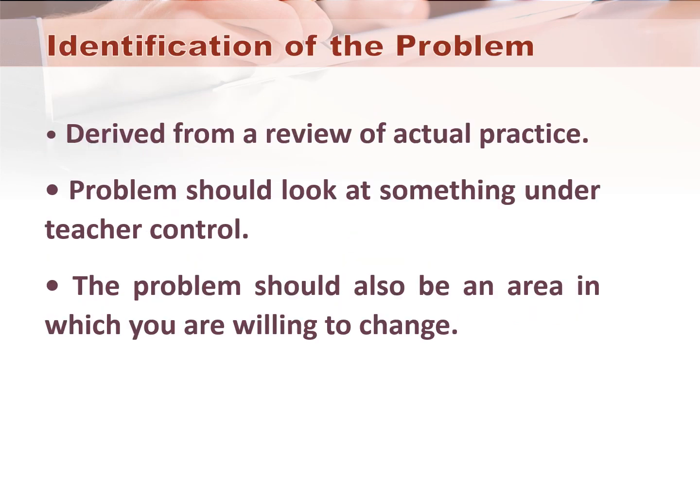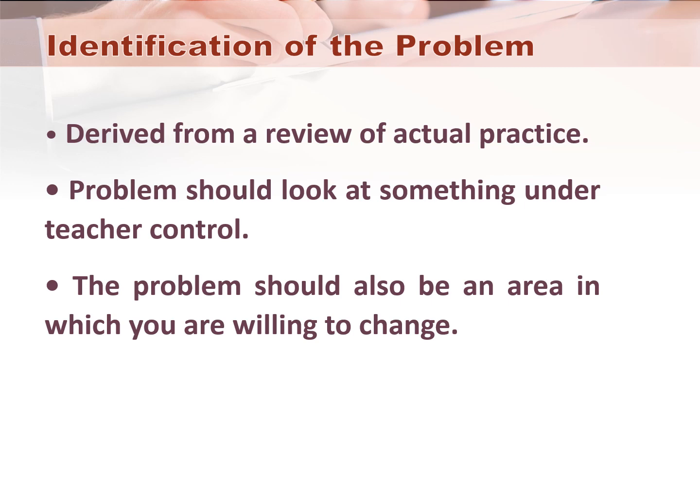Now let's have identification of the problem. The problem should derive from a review of actual practice. Problem should look at something under teacher control, since the action research is focused on the teacher and on the student inside the classroom. The teacher is the one in control. The problem should also be an area in which you are willing to change.